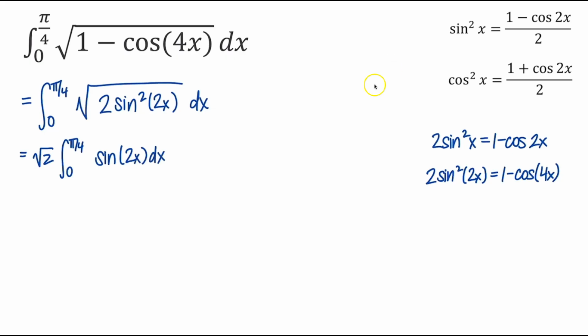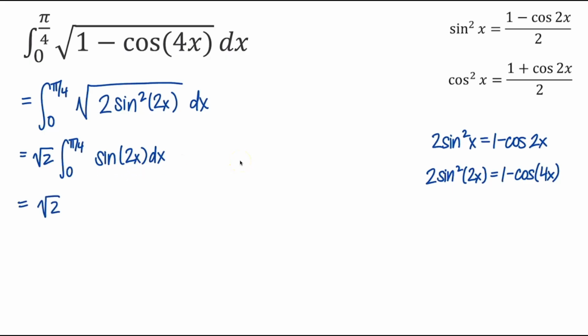Now, technically, we need sine of 2x to be greater than 0. Since we're on an interval from 0 to pi over 4, we know that the outputs of sine of 2x are all greater than 0. So we can simply stick with just positive sine of 2x for the integrand.